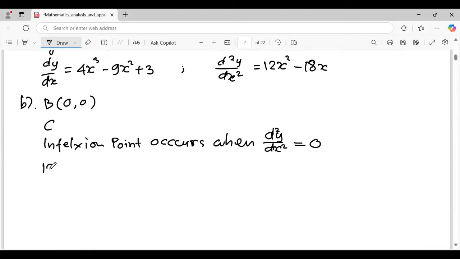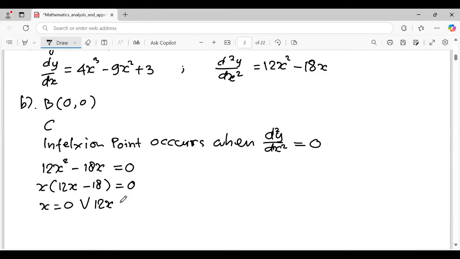So it means 12x squared minus 18x equals 0. Factorize: x times 12x minus 18 equals 0. x equals 0, or 12x minus 18 equals 0. So x equals 18 over 12, which is 3 halves.